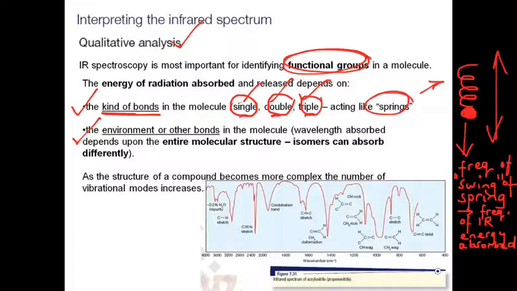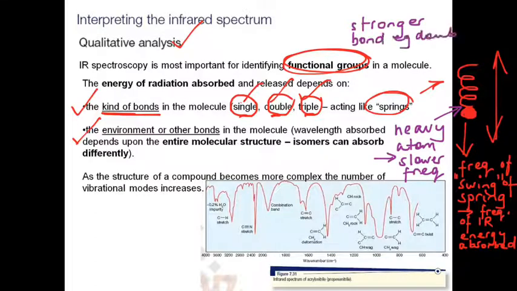So you can use that as an analogy for working out the frequency of the IR energy absorbed. The other thing, heavy atoms, slower frequency. Now, the other thing is stronger bonds: the stronger the bond, the stiffer the spring, if you like, and therefore the higher the frequency. So that also passes the test for working out the trends in IR frequencies absorbed.